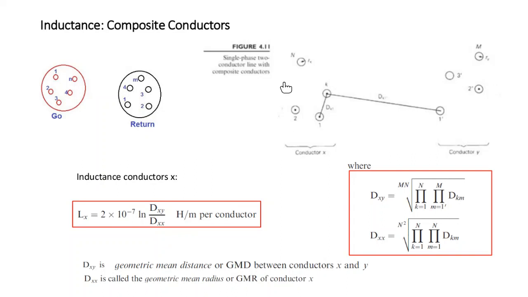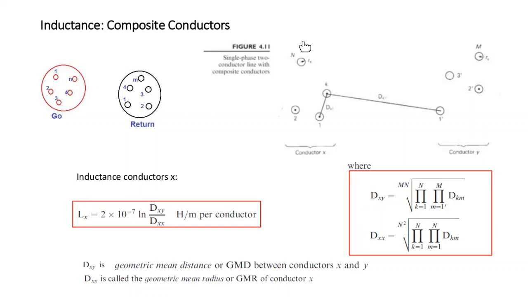This is one conductor. Conductor X consists of a number of conductors. So we want to find the radius of this, and we call it the geometric mean radius. We take the geometric mean radius of the conductor because this is only one conductor, as you can see. For the formula, we multiply them, as we will see later how we multiply. Now here you can see the D_xx.